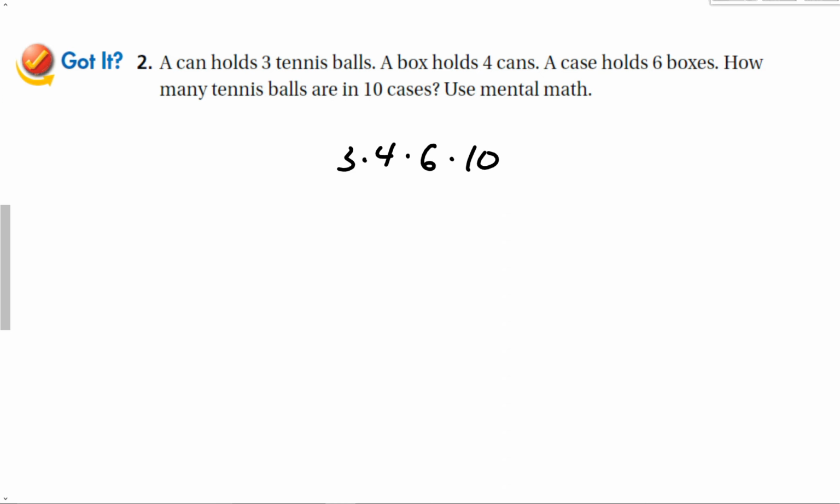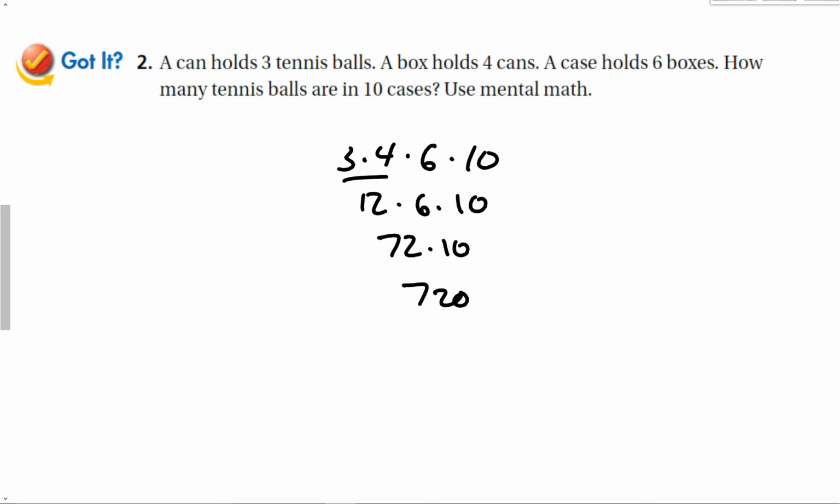So if we wanted to, we could multiply these things together any way we want, and there's no real super easier one that sticks out here, but we can just go 3 times 4 gives me the 12 times 6 times 10. 12 times 6 is 72 times 10. I'm going to save the 10 for last because that was the easiest one. So that's going to give me 720.